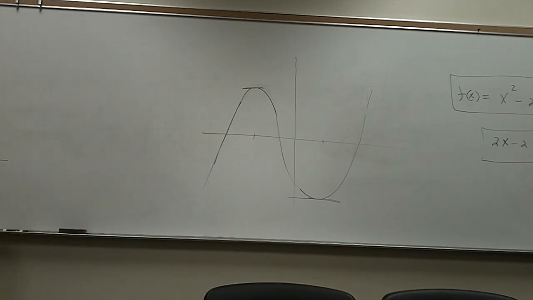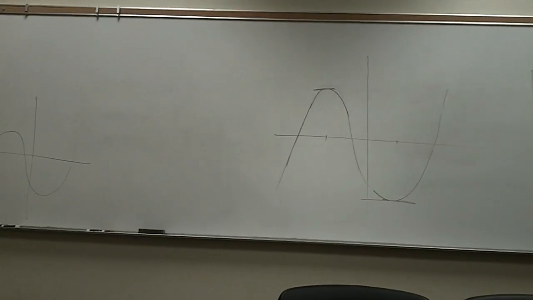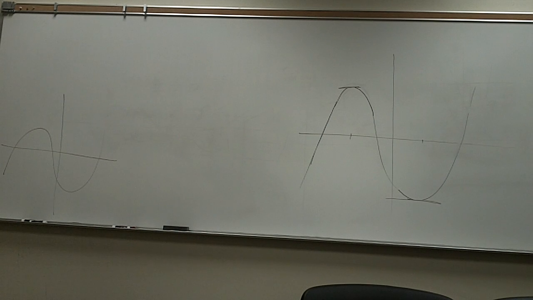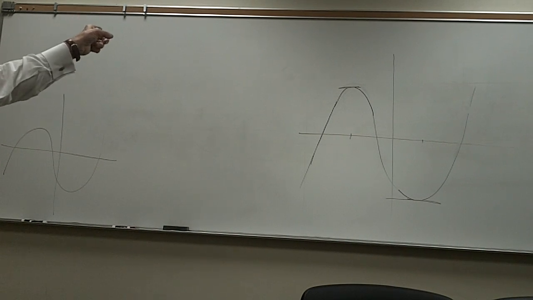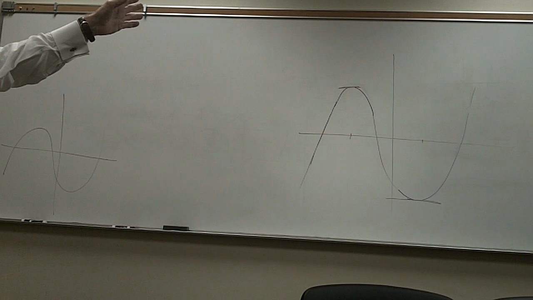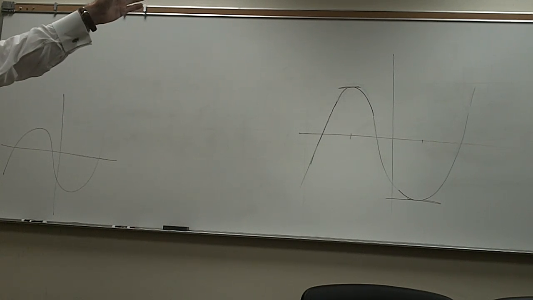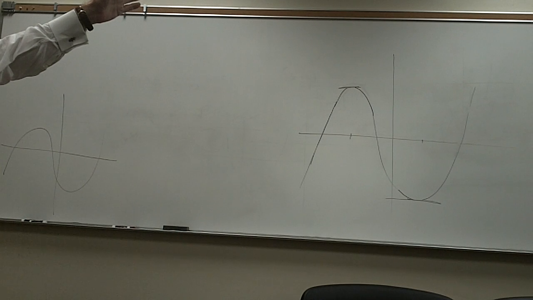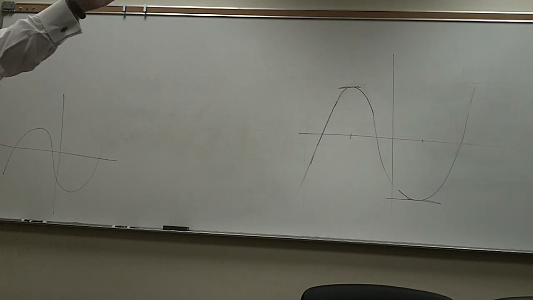Listen, everybody. Why do you think they have you factor? Because when you calculate one of these problems and you find out the slope is to the third power, you better know how to set that third power equation to 0.